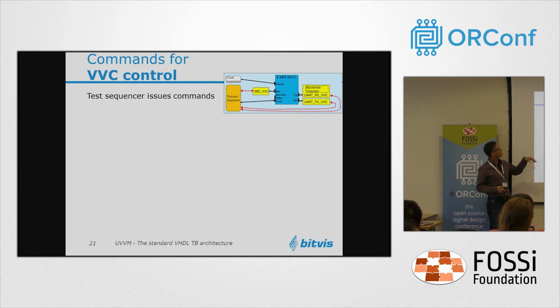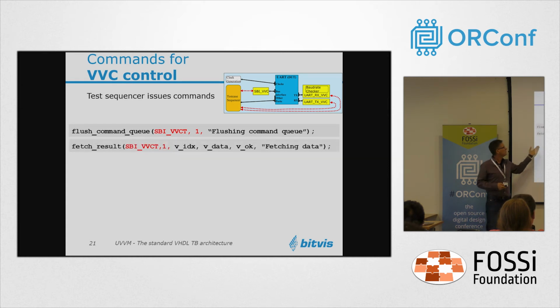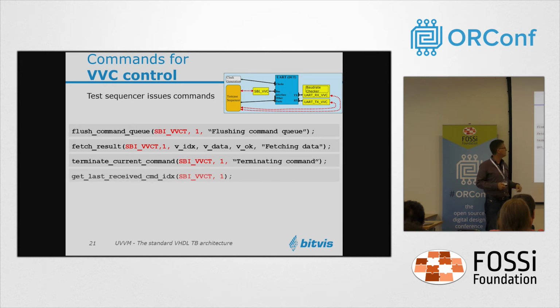The third category basically would be to control the verification components themselves. Could be to flush the command queue, fetch the result, terminate the current command, or get the last received command index, because if you get the last received command index, you can use that to later retrieve the result on that command index.